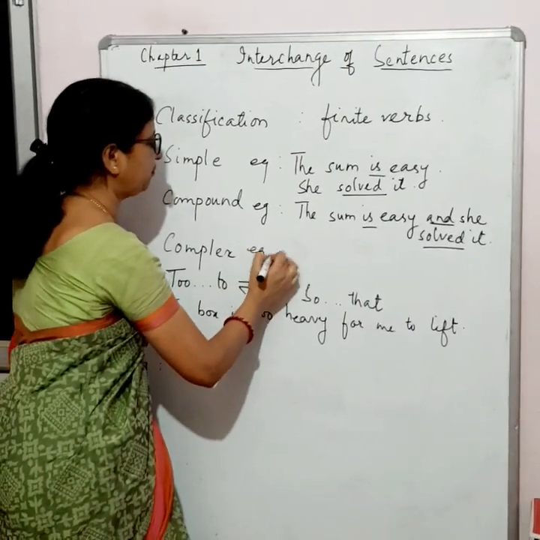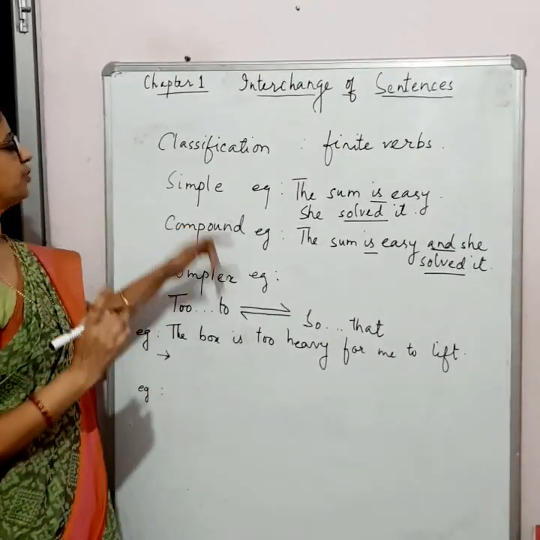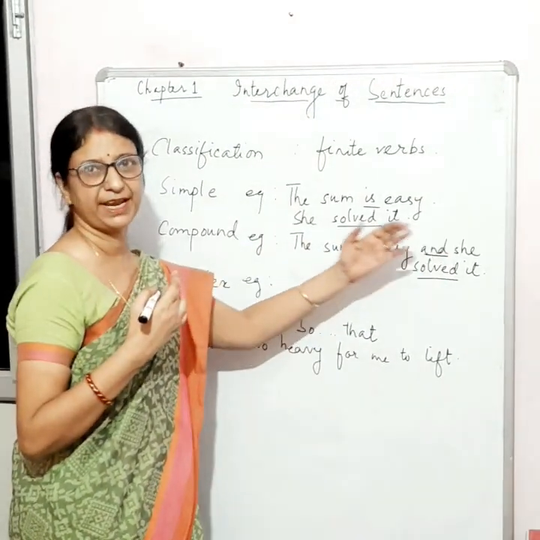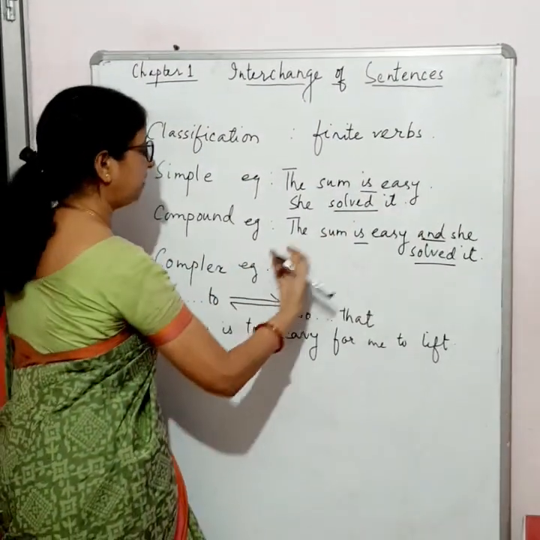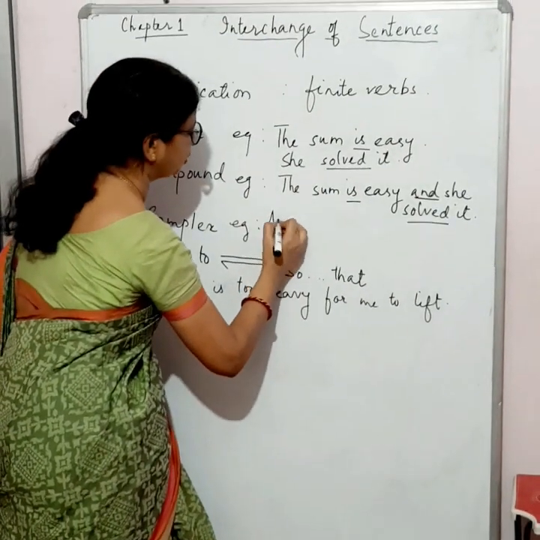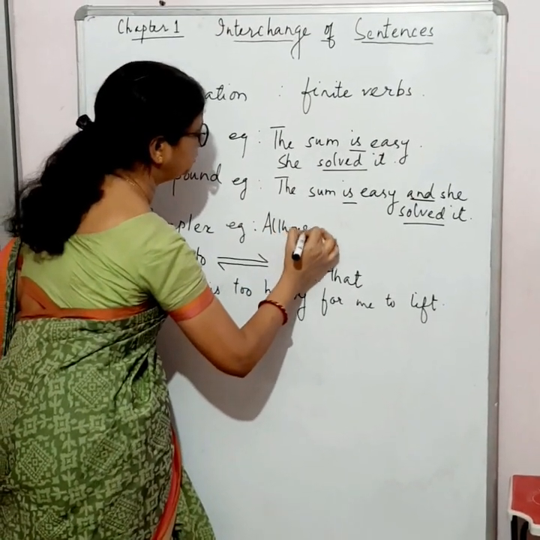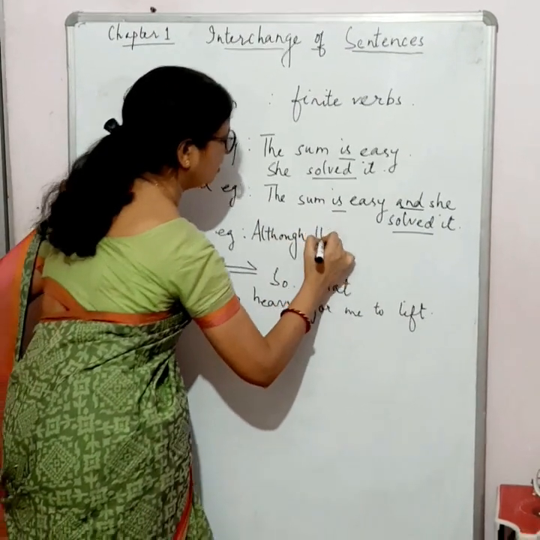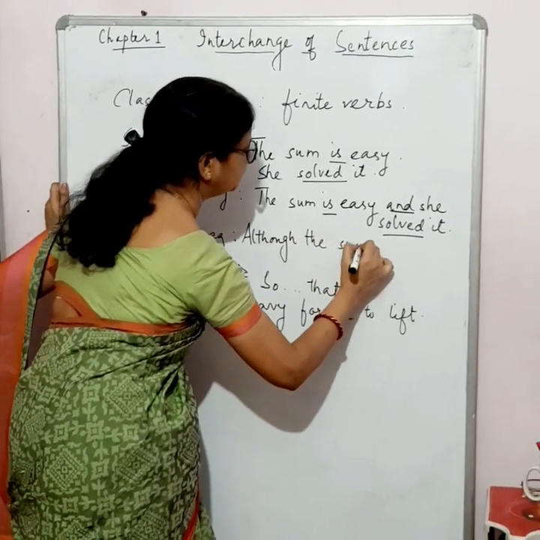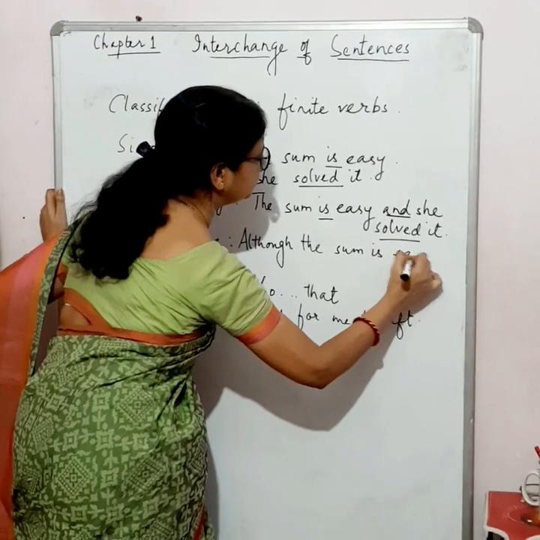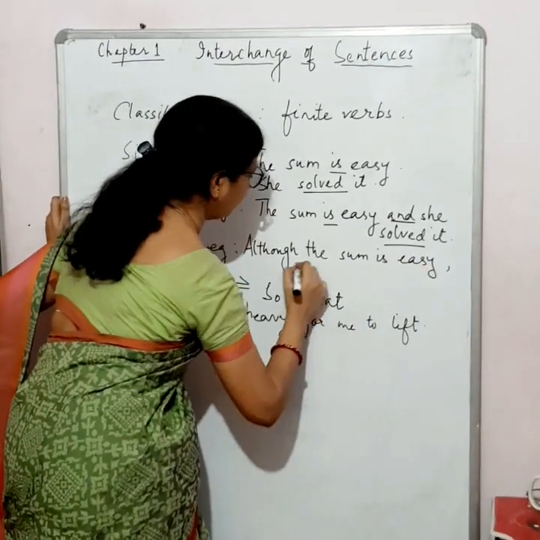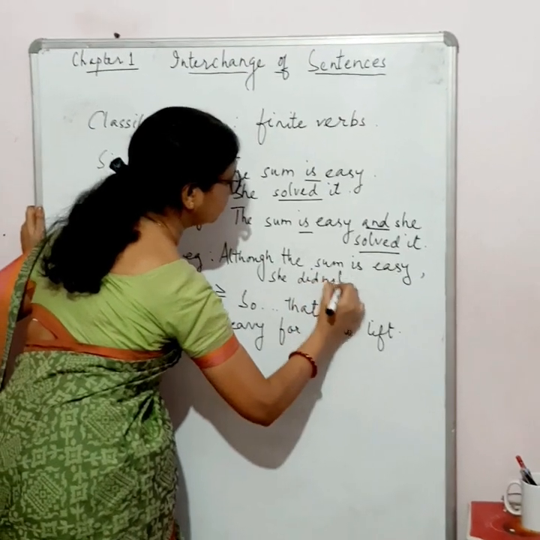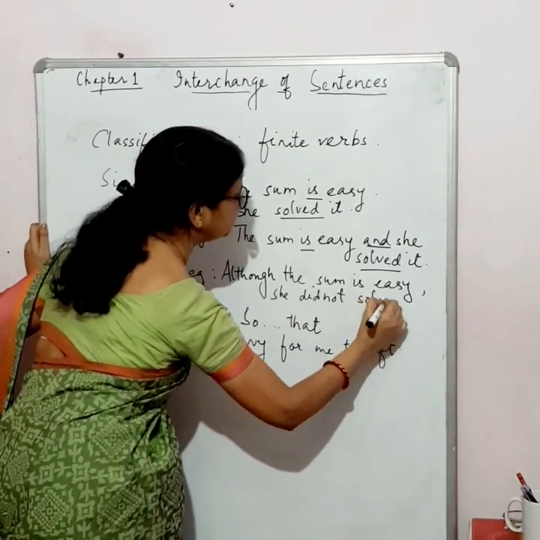Let me give one example of a complex sentence. Here also you find use of two or more finite verbs. Here we are changing the sentence a little bit. Although the sum is easy, she did not solve it.